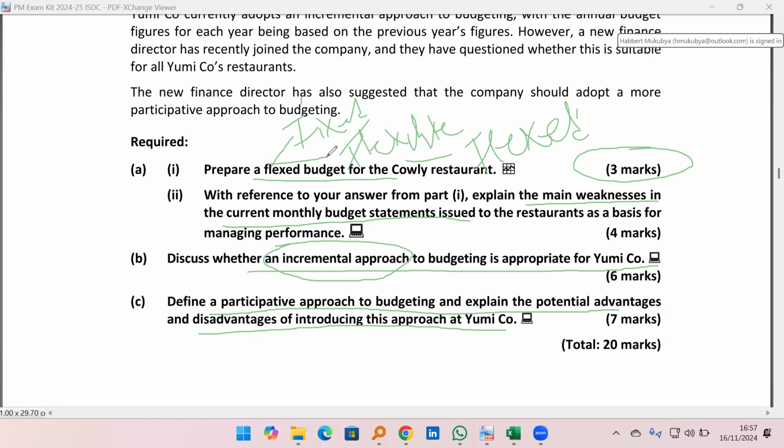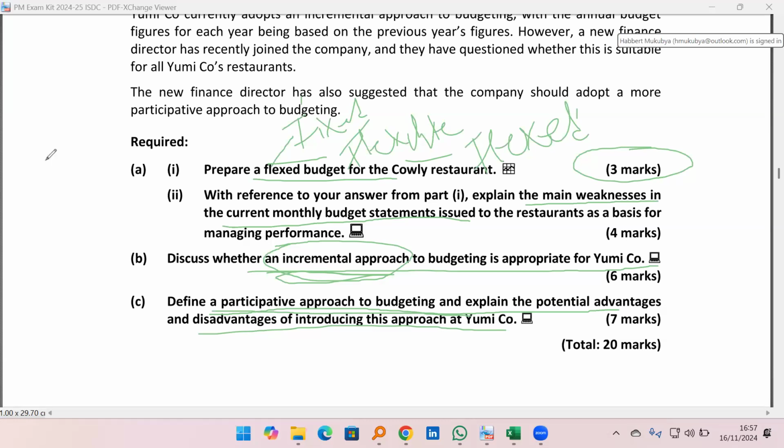But then you have to also explain the weaknesses of what is being done right now. We don't know what they are doing, so we are going to look at the scenario and then discuss whether we can do incremental budgeting, which is another type of budgeting, and then, of course, participative approach to budgeting. So that's what the question requires us to do.